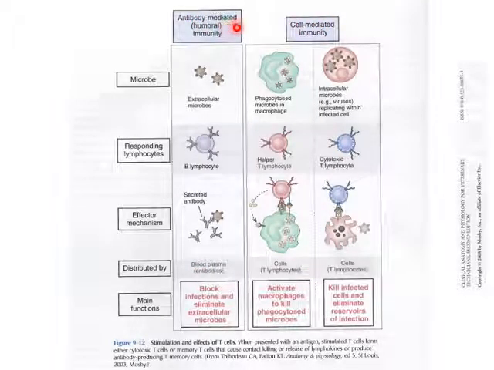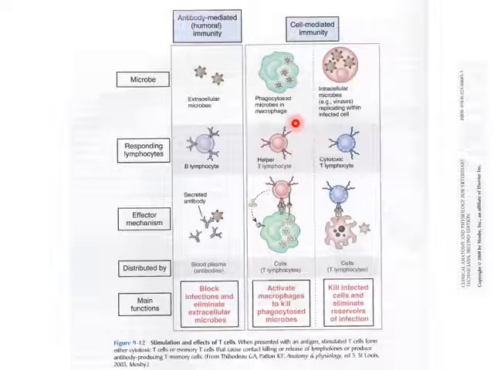So antibody mediated immunity, we have extracellular microbes, we have the B cells secreting the antibodies to attack and eliminate the extracellular microbes. So identifying them, getting them tied down and removed from causing problems.